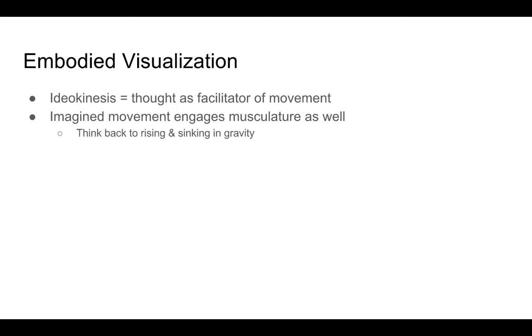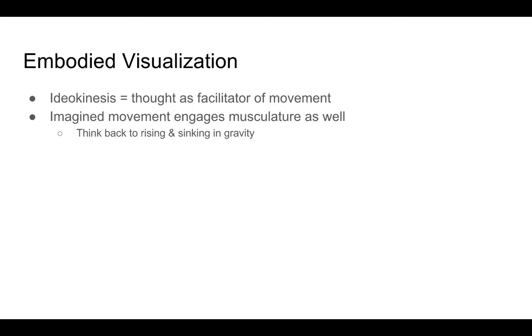Now, for a practical example, you might think back to that idea of rising along the front of the body and sinking along the back of the body that we explored in our module discussing gravity. We might think about the top part of the sternum being pulled upwards, gently upwards, by a string.